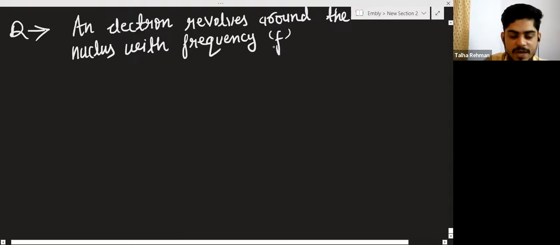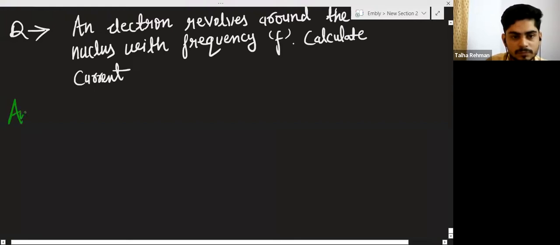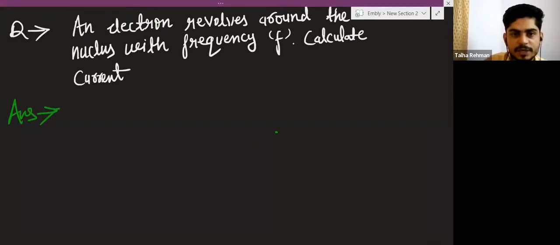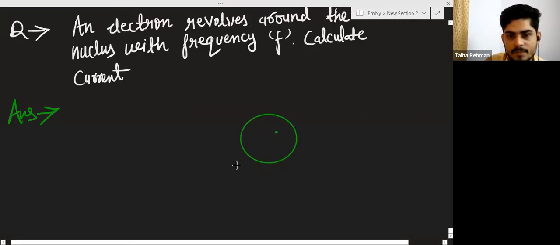With frequency f, calculate the current. So they are saying here is an atom like this.